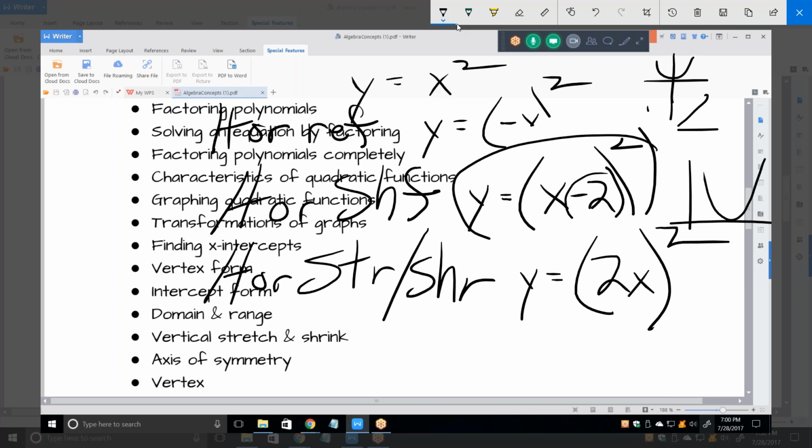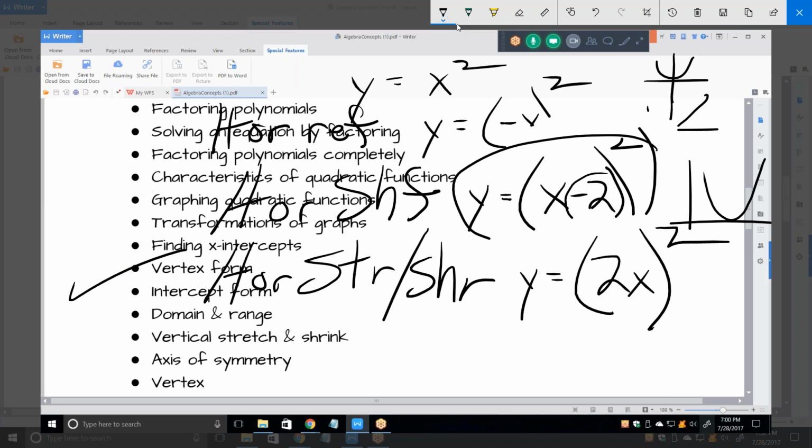It would get skinnier. You got it right. It would get skinnier, but it's not a stretch, it's a shrink. This is a little confusing because for verticals, numbers greater than 1 are stretches. For horizontals, numbers greater than 1 are shrinks. Numbers less than 1 are stretches.